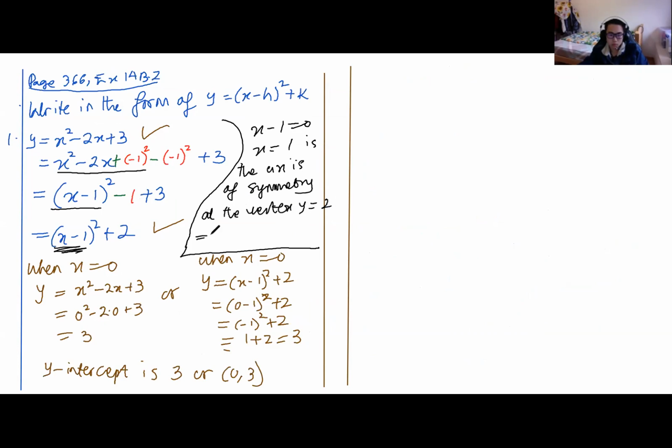So the coordinate of the vertex is x is 1, y is 2. That's the minimum point. Okay. Now, how do I know it's a minimum? Remember, a here is 1. So 1 is greater than 0. That's a minimum.